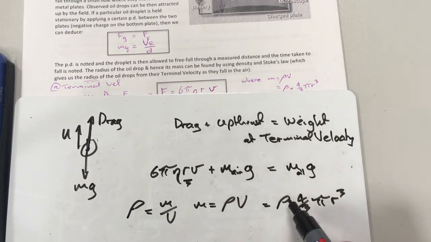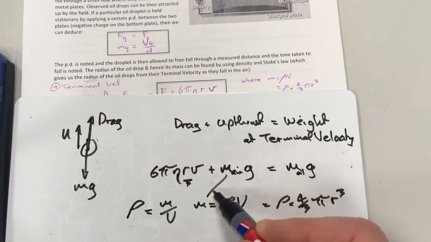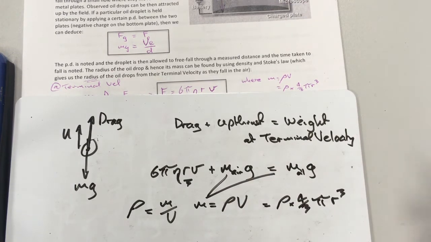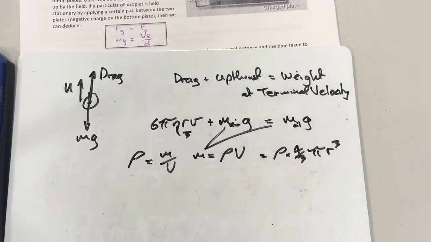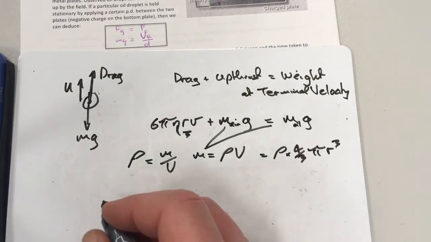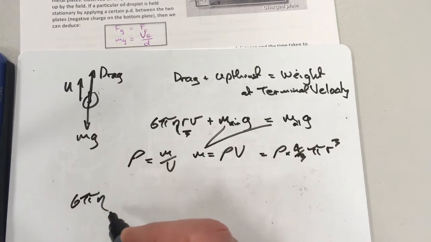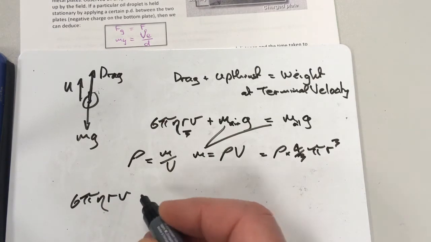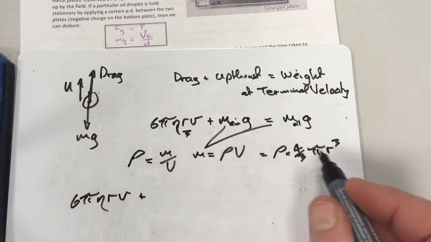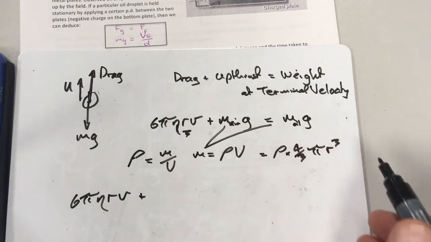So I'm going to substitute these into those two spots there. This is where it will suddenly look a little bit messy. Don't you panic. Need a lot more space. So 6 pi nu rv plus, and let's multiply it out in a neater way. I'll move the rho to the end, I think.